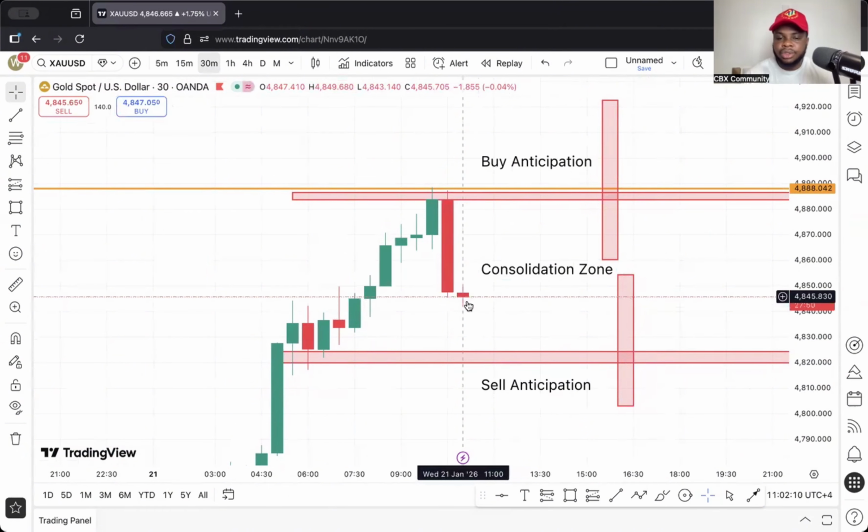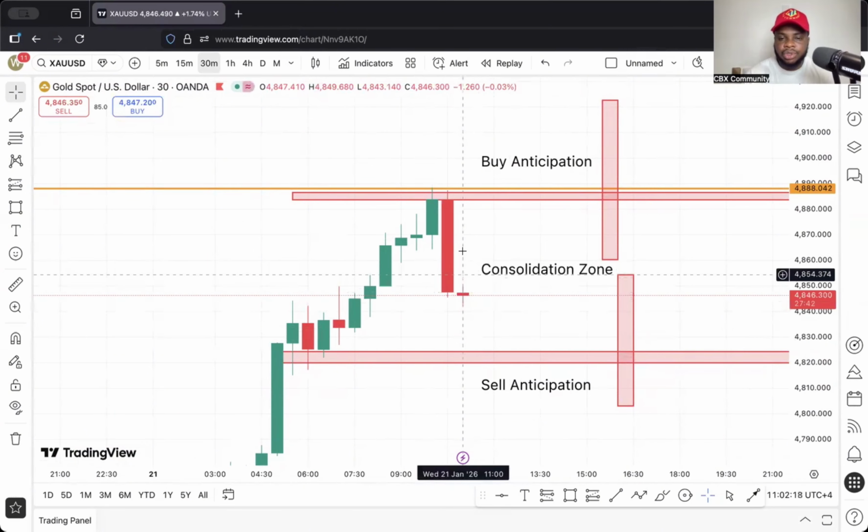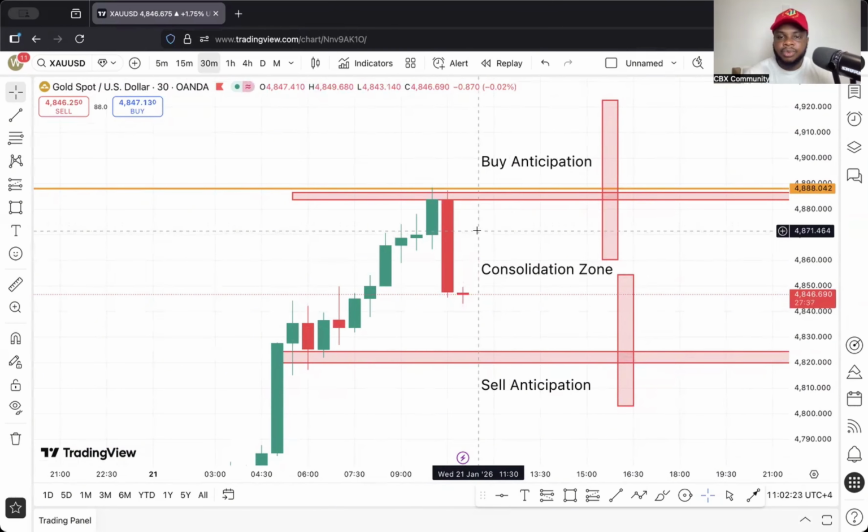This candle can continue to come down to break our support zone. So let's wait and see how this candle wants to print. If this candle continues to go up to close with a bullish candle, then with the next candle we have to break our resistance zone over here.